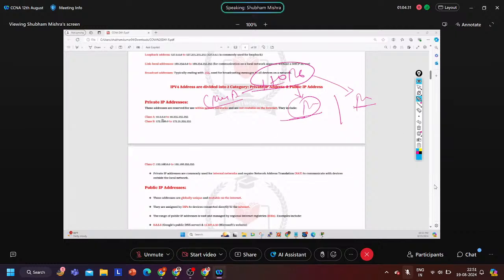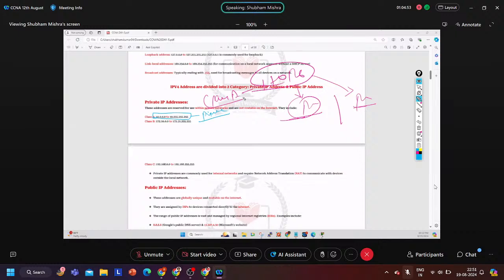This is the thing you have to remember. From class A, the range 10.0.0.0 to 10.255.255.255 is called the private IP address, and the rest of the range is called public IP address.